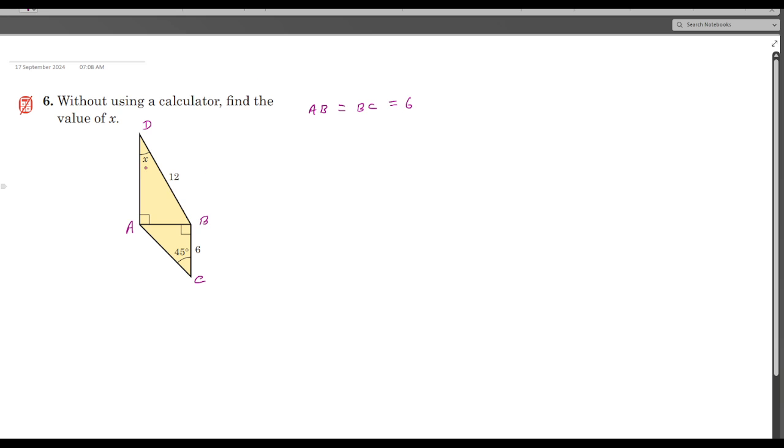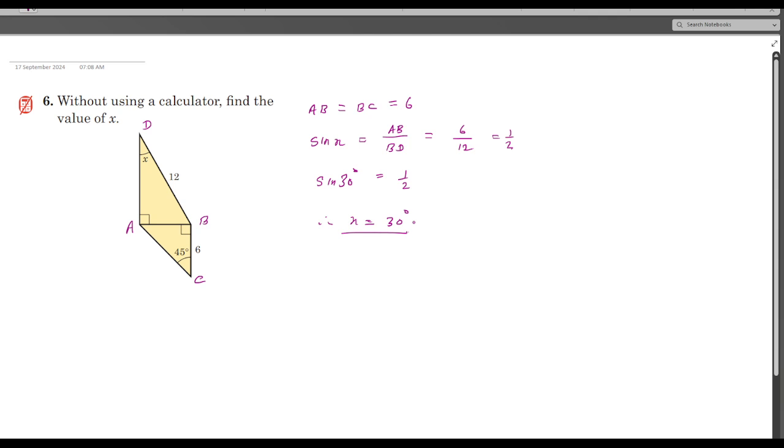And here for x, now opposite and adjacent are in relation. I will say that sine of x is equal to AB divided by BD. Now AB is 6, BD is 12, so it is 1 upon 2. Sine 30 degrees is also 1 upon 2. So therefore I will say that my x is 30 degrees.